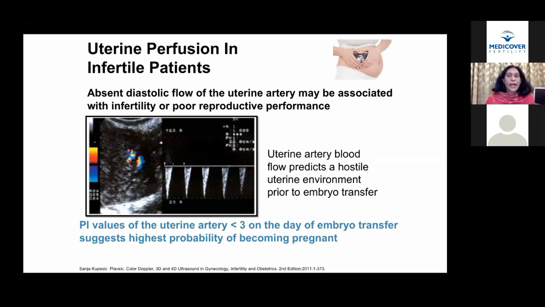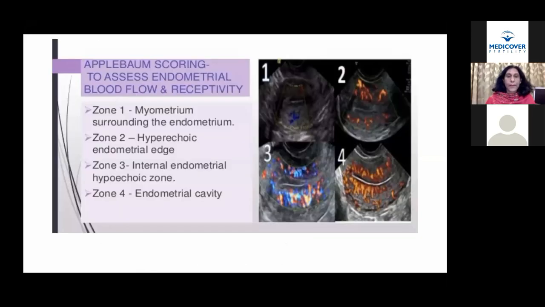So uterine artery blood flow predicts a hostile uterine environment prior to embryo transfer. If the PI value of the uterine artery is less than 3 on the day of embryo transfer, it suggests the highest probability of becoming pregnant. There is an Applebaum scoring which has been prepared to assess the endometrial blood flow and receptivity.